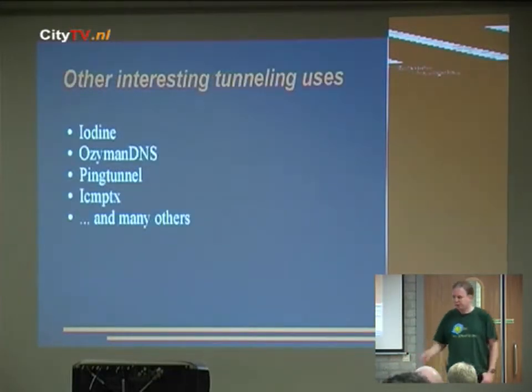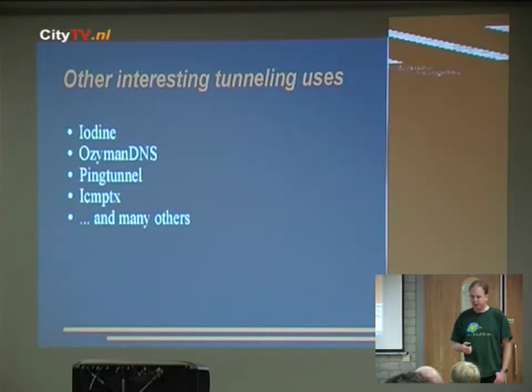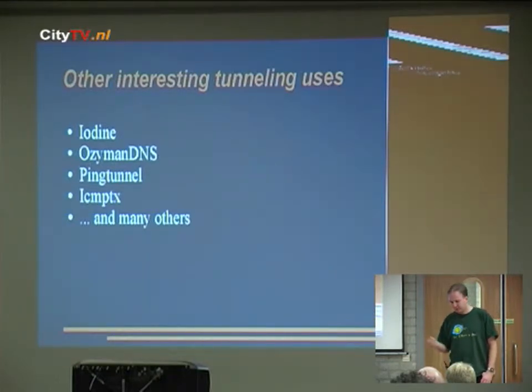Well, besides tunneling over HTTP and HTTPS, you can also tunnel over other protocols, and especially this might be handy in public access points. They usually allow you to either get DNS or ping packets out. Just 2 weeks ago I was in Hamburg, and the hotel I was in managed to actually block DNS traffic for once.